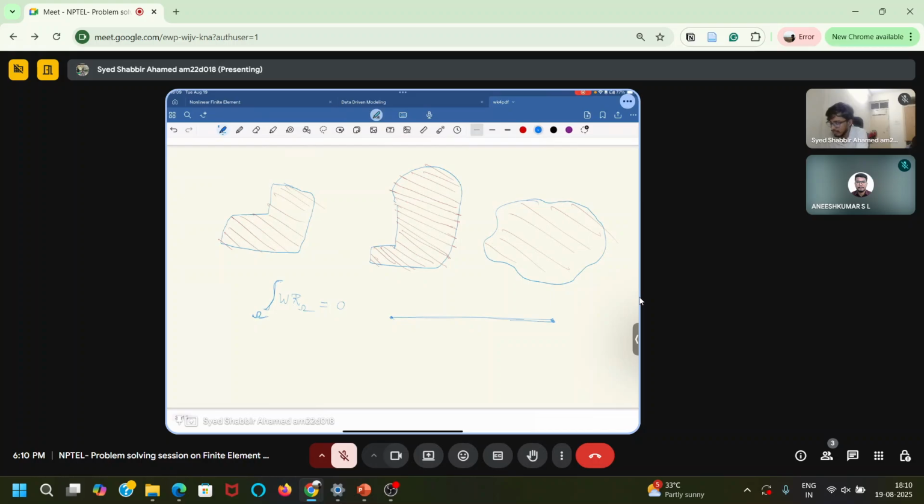But as we go and solve more complex problems like in 2D or 3D, we will have some irregular domains like this.